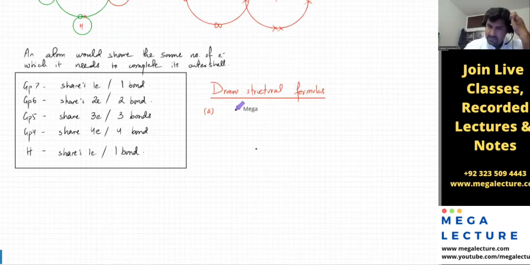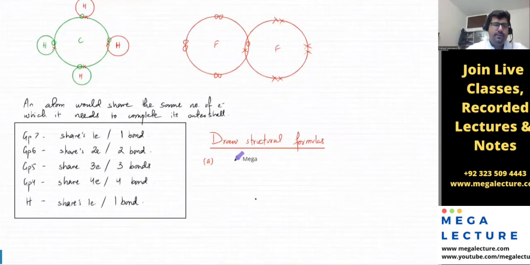You're going to create a lot of mess if you draw circles and then you have to redraw them. So I'm going to try and do the structural formula of CH4.